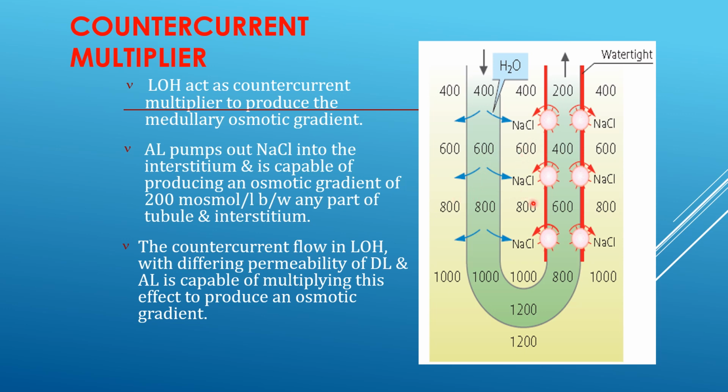The interstitium will become hyperosmolar, and as the fluid moves into the ascending limb, the sodium chloride will move out. So that's why the gradient of 200 will be produced in the segment. That is multiplied by the thick ascending limb of loop of Henle.